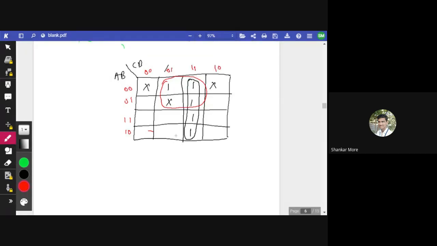Okay, so from this, what would be cut and what would remain? Everything would be cut and only CD will remain here. CD. Then we have A bar, and from here we have B. Raman, I am getting the answer CD plus A bar B.